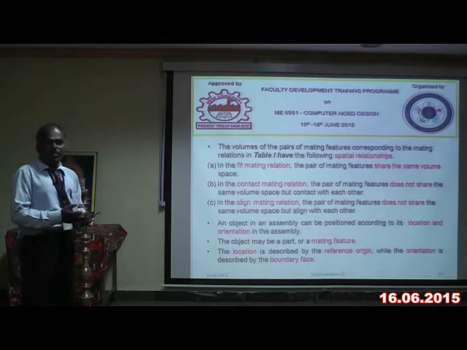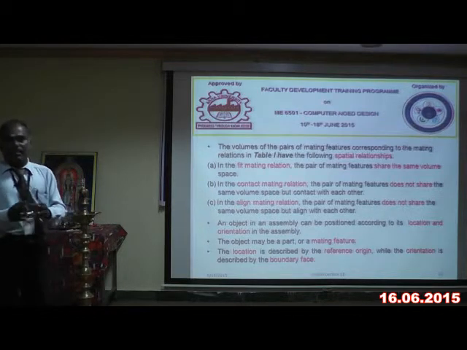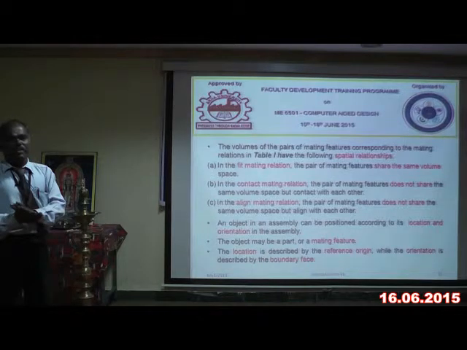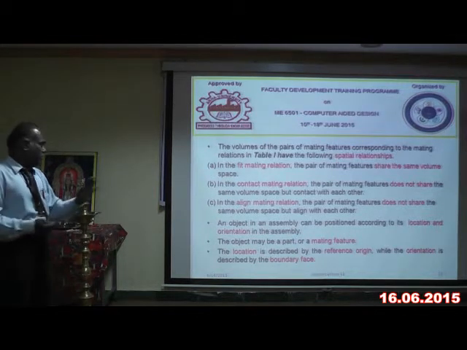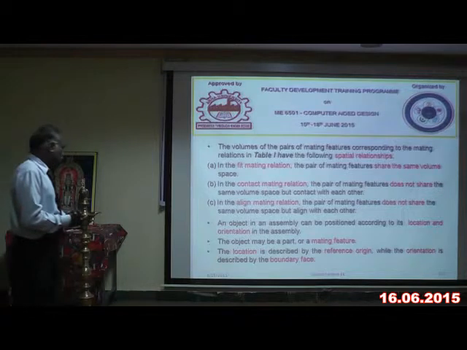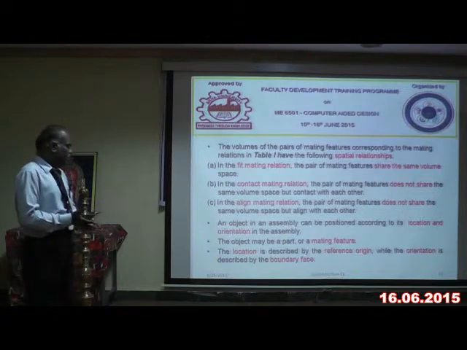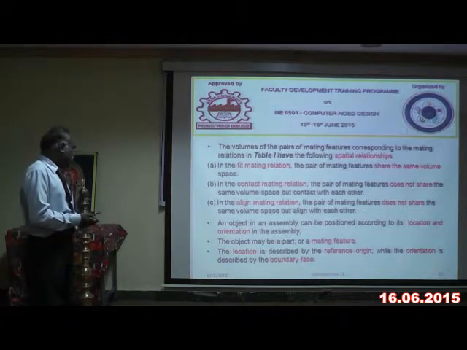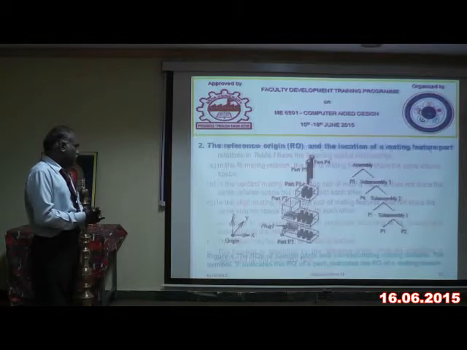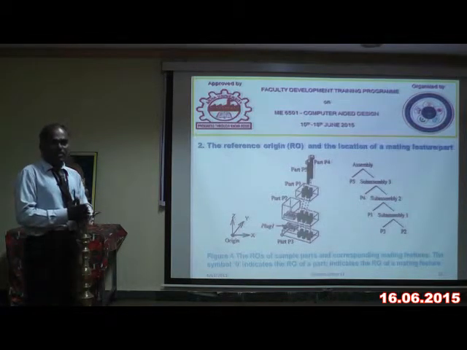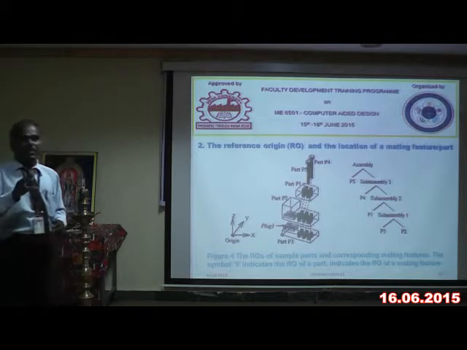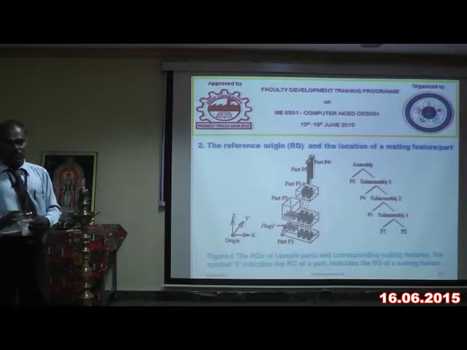When we go to assemble the parts, the 2 parts should have the male and female mating features. The location is decided by the reference origin and the orientation is decided by the boundary plane. This is very important. The location should be mentioned with the reference origin and the face.